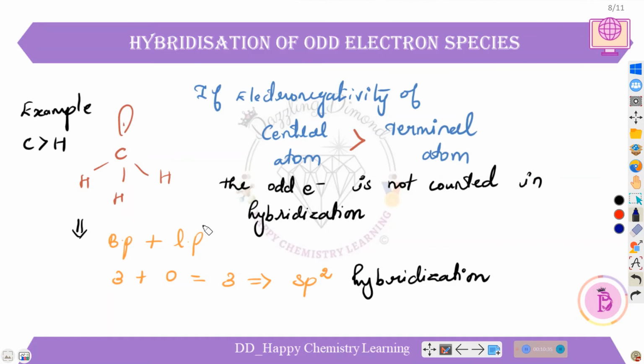We will not add the odd electron. So this will be 3 plus 0. So 3 will correspond to sp2 hybridization. Okay, so keep this in mind. If the electronegativity of the central atom is more than the terminal atom, we will not count the odd electron.